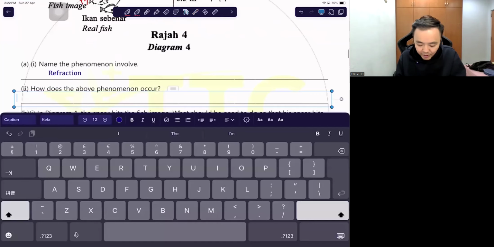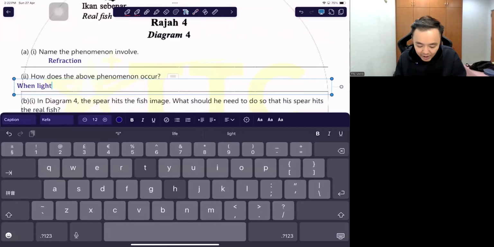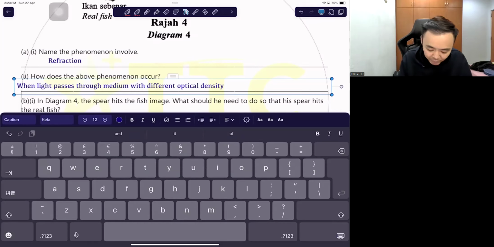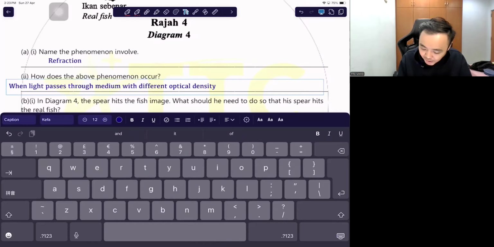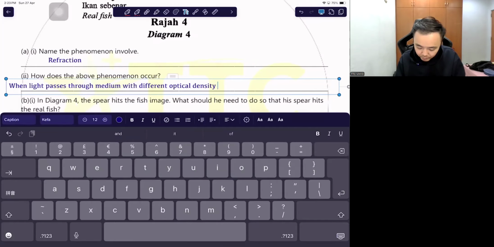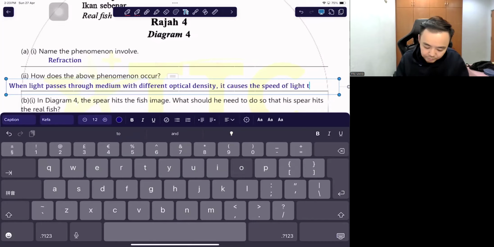Because, okay, when light passes through a medium with different, now instead of saying density, now you say optical density. Okay, when light passes through a medium with different optical density, it causes the speed of light to change.